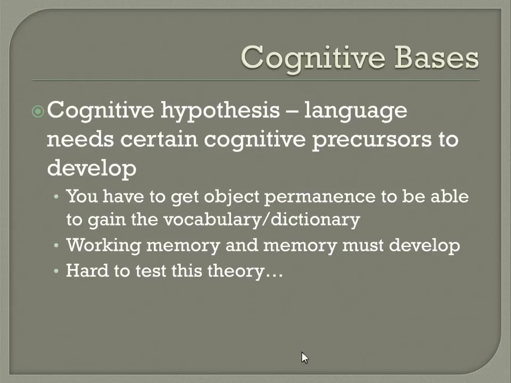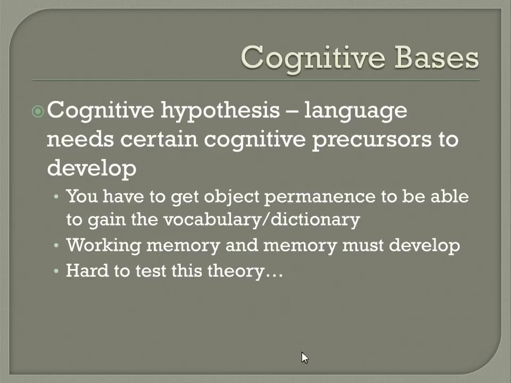But it's really hard to test this theory because it's not like I can give children no object permanence and then see if they'll develop language, because you can't really turn that on and off, and that's not ethical either. But this is kind of a supported idea in the sense that if you think about autobiographical memories, so memories of your childhood, most people don't have them before 3 or 4.